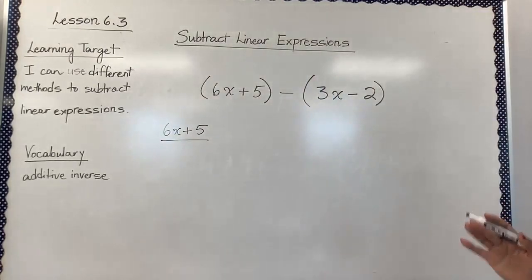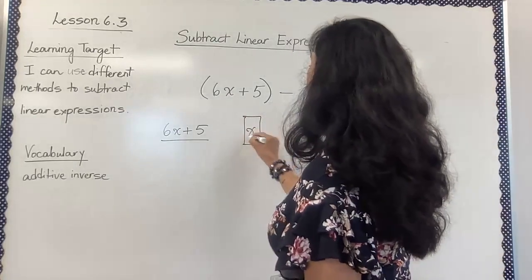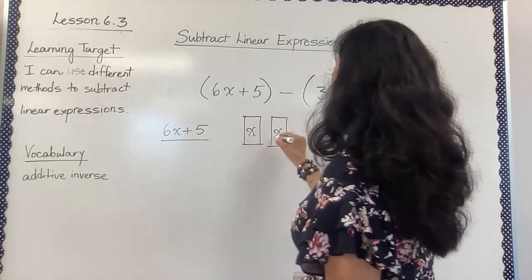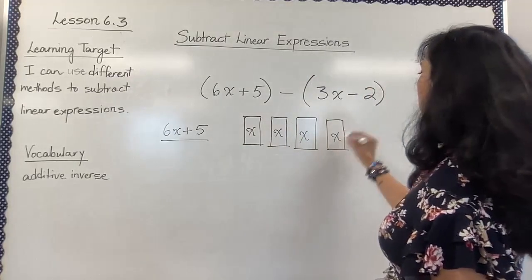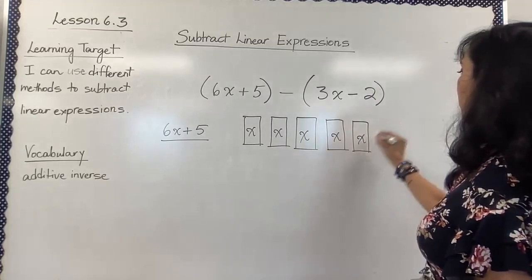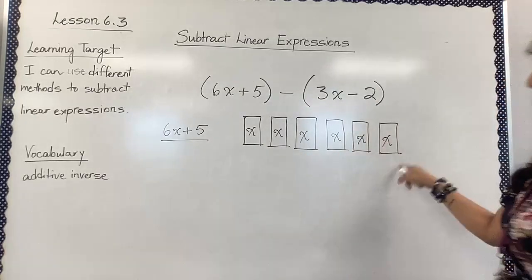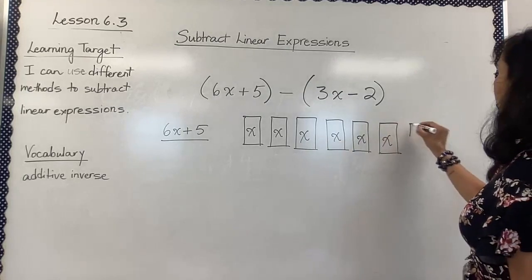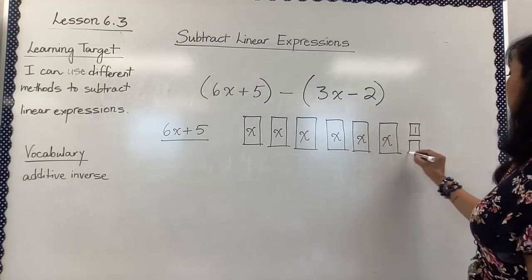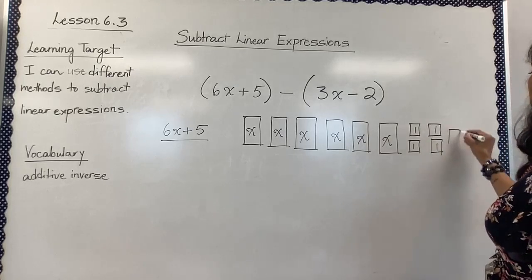How many x's do I have? I have 6 x's: 1, 2, 3, 4, 5, and 6. And I have 5 ones: 1, 2, 3, 4, and 5.